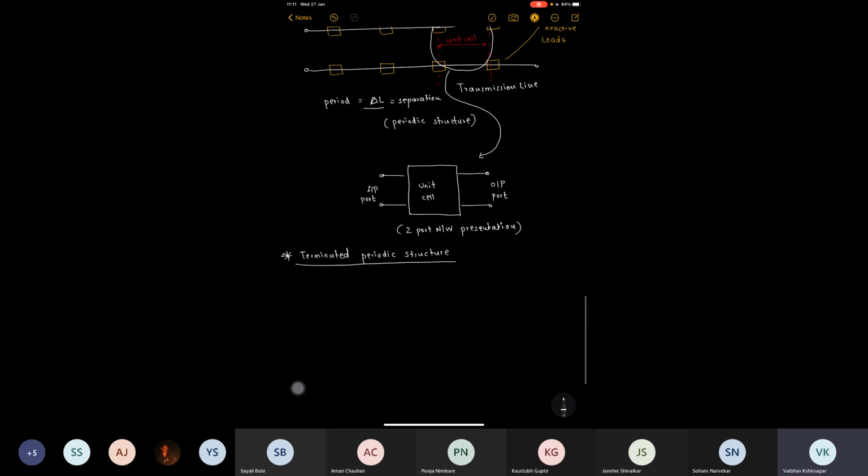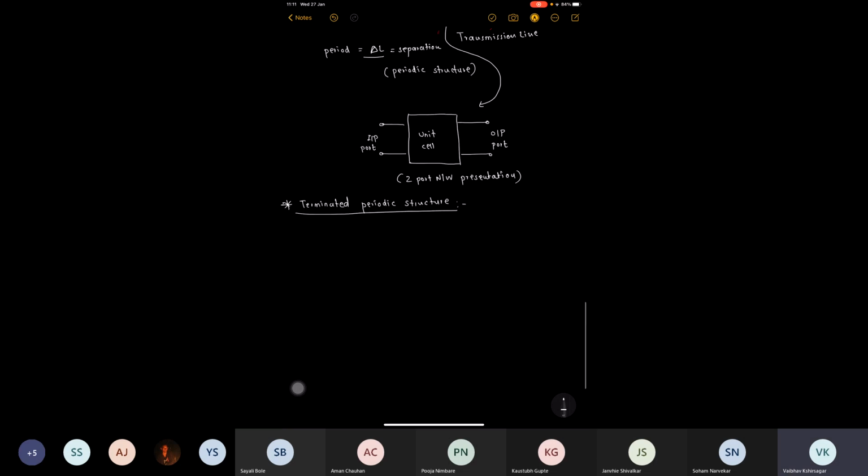Let me draw it again. I will take this unit cell as it is. On the output port, I will terminate it with a certain load. So again, this is a unit cell representing the section of the transmission line. This is the input port, and this is the output port.